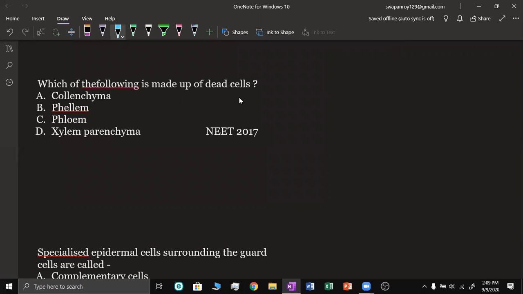Next one: which of the following is made up of dead cells? This came in NEET 2017. Options: phellem, sclerenchyma, phloem, xylem parenchyma. Xylem parenchyma is a living cell.